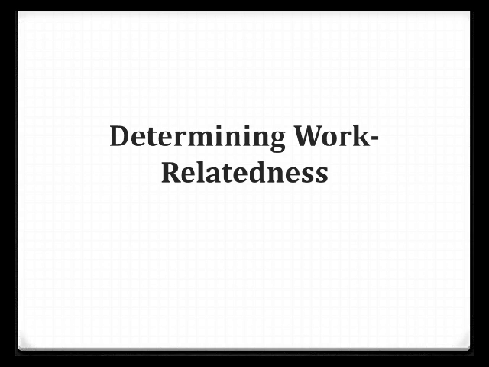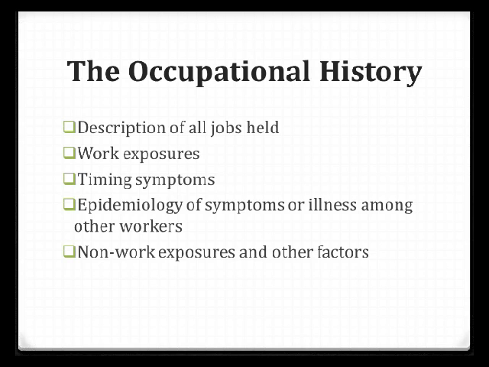So many of us see these individuals with complaints and symptoms, but we often don't tie that back into a strong occupational history, which looks at the description of all the jobs that they've held.